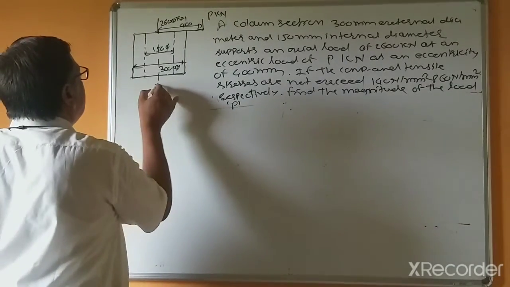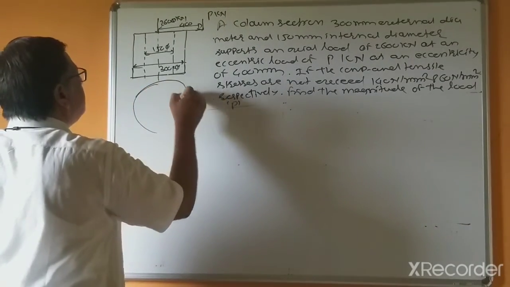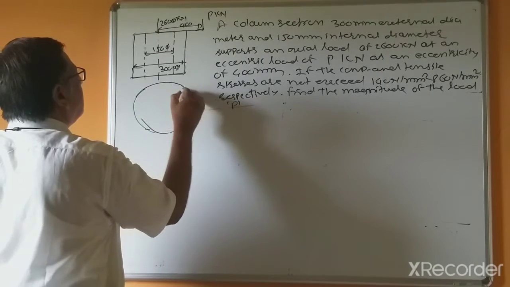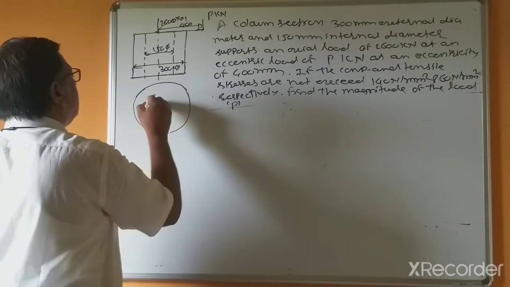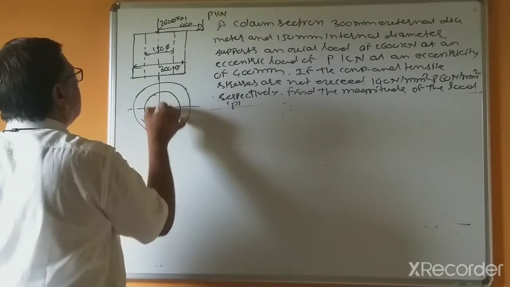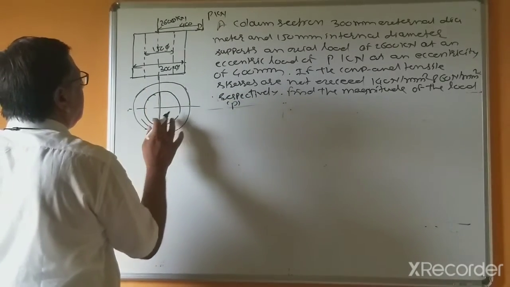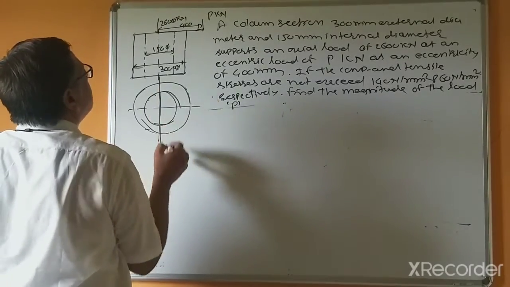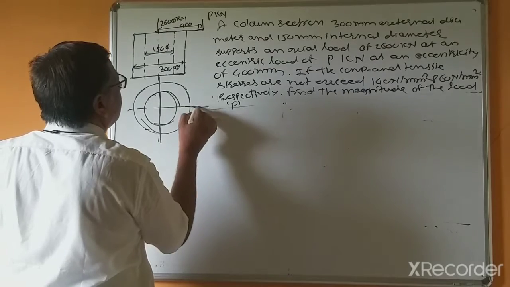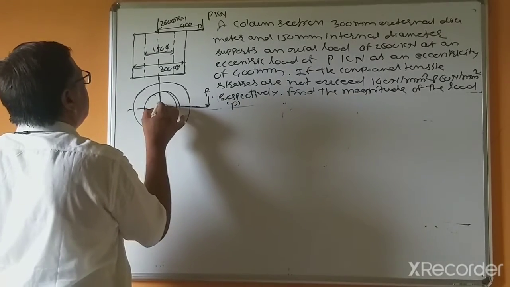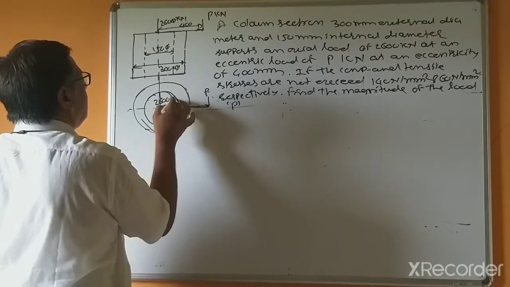Here you can draw the circular section. And this load point you can consider here, and this is P kilonewton.